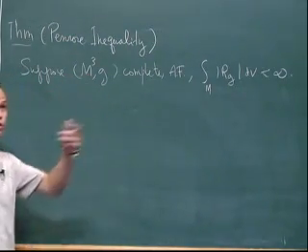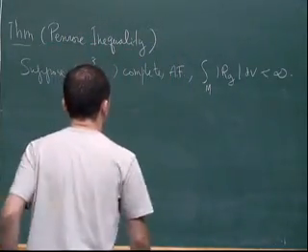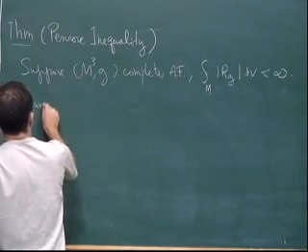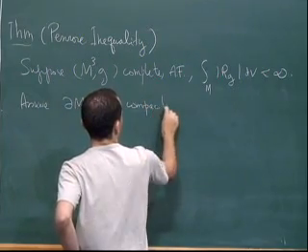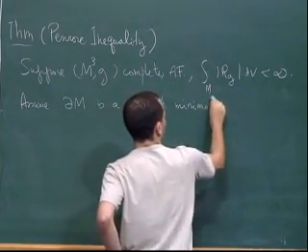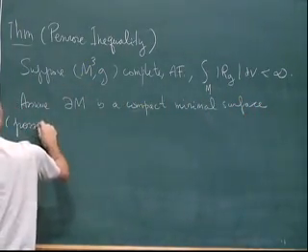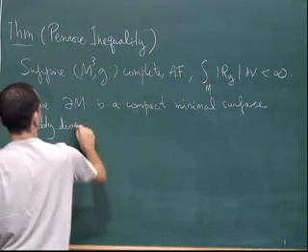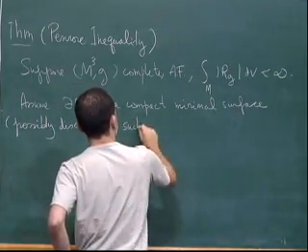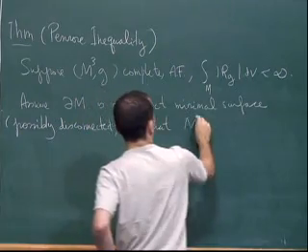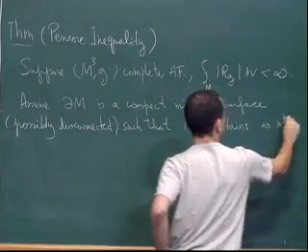I'm going to assume that the boundary is non-empty here, right? And assume then that the boundary of M is a compact minimal surface, which could possibly be disconnected, such that M contains no other minimal surface.